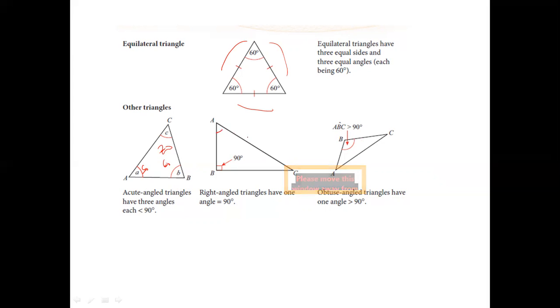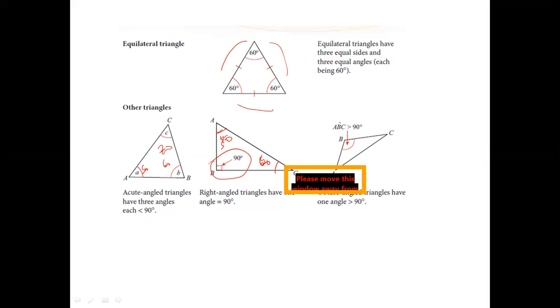The other angles don't matter; maybe 45 and 45, or 30 and 60. At least one angle of the triangle is 90, so its name is right angle triangle or right triangle.